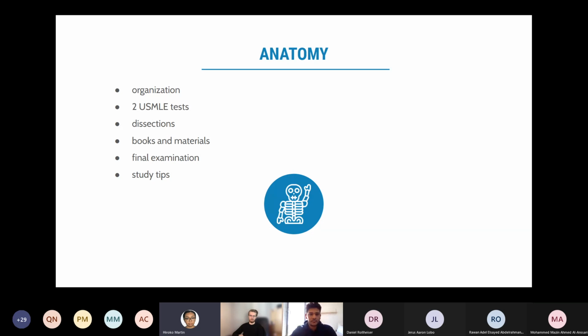One of them is through high performance on the USMLE test and on the dissections exams. And the other one is through the normal way, by taking the oral exam. This year, they decided to drop the written requirement, so there is no written portion for the final examination if you have to take the final examination.